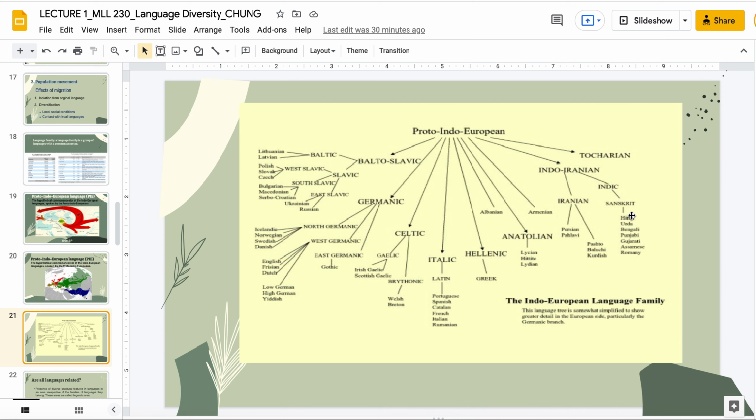Sanskrit's part of this language family, right? So that's how linguists are able to piece together which languages are closely related. They say, okay, we see that some words look very similar to other words. So that means that they're closely related.